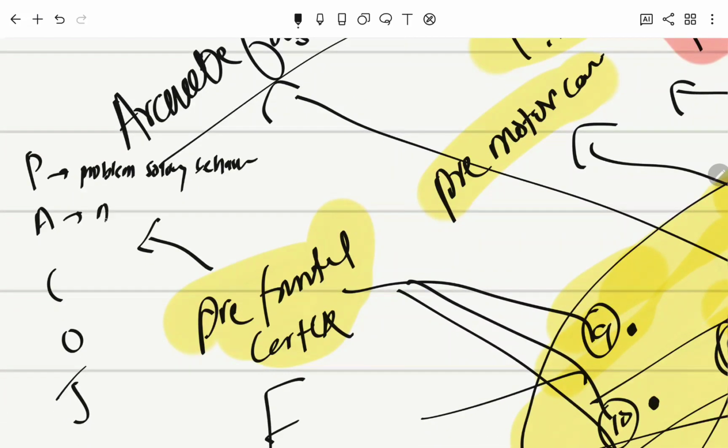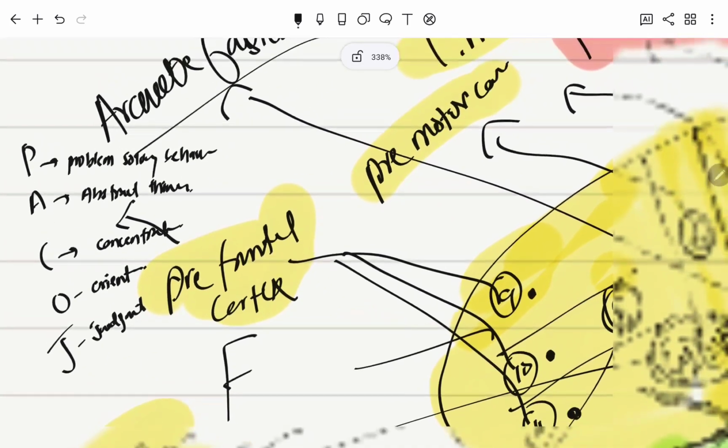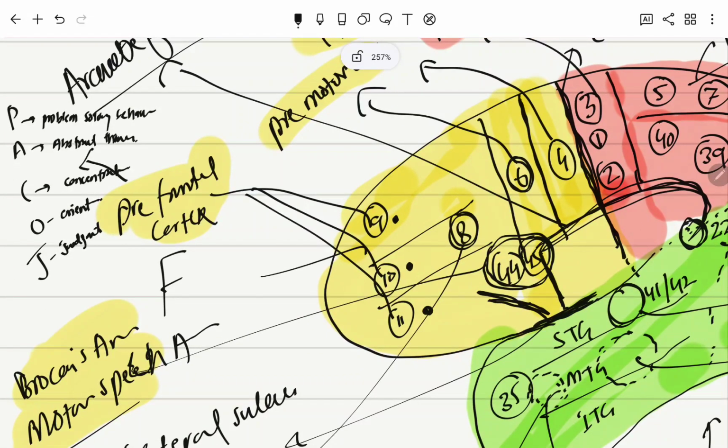A stands for abstract thinking, right? C stands for concentration, right? O stands for orientation, and J stands for judgment, right? So these are the functions of the frontal lobe, the prefrontal cortex, that is basically Brodmann area 9, 10, and 11, right?